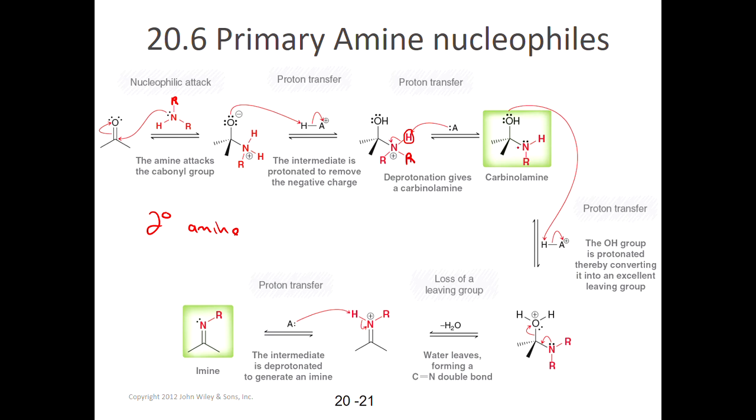Electrons would swing in to balance that nitrogen's charge. We'd have an R group here. The oxygen could pick up a proton, makes a good water-leaving group. We'd have two R groups here. This nitrogen can swing its lone pair in to push out the water. We'd still have two R groups here.